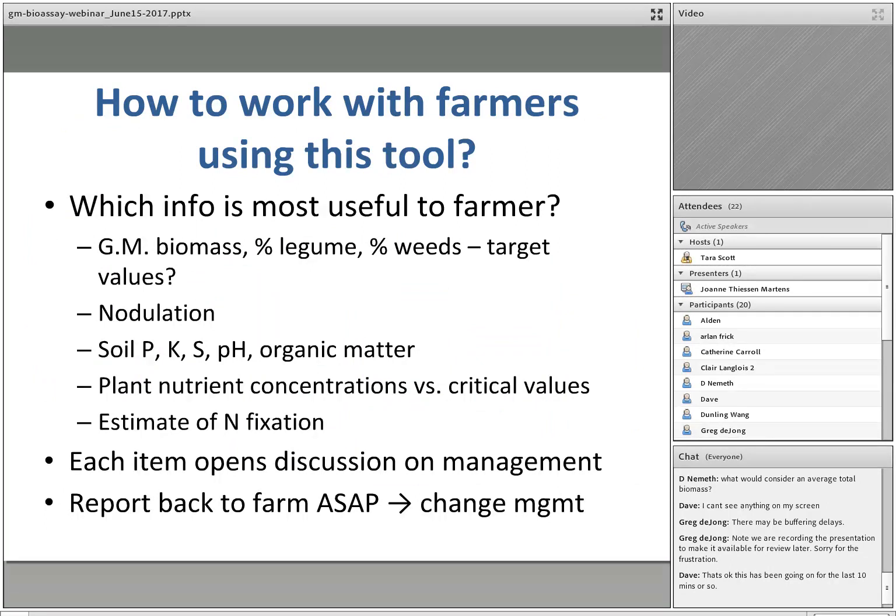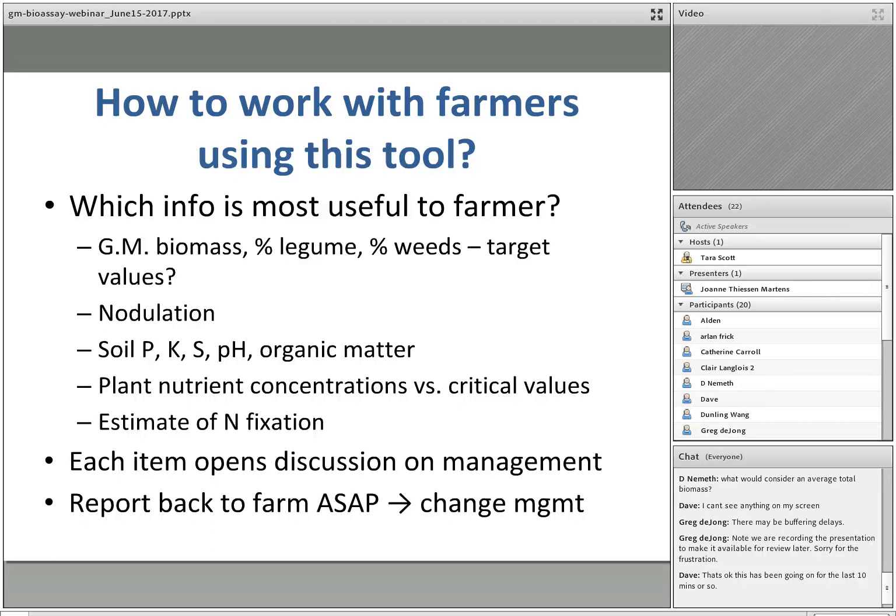You might wonder, do they need all of this information, or are there certain things that are most useful to the farmer? Really, everything that goes onto the summary tab of that spreadsheet tool is important for the farmer. That includes the total green manure biomass, the percent legume and percent weeds.